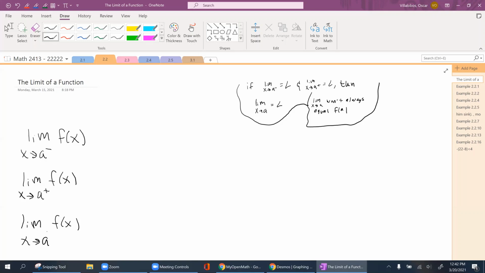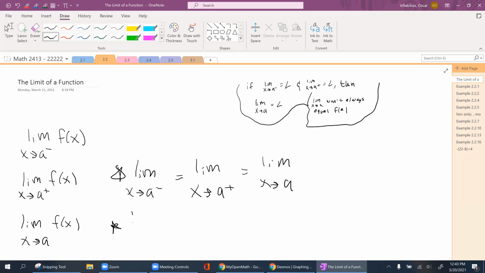One thing to remember is that if the limit as x approaches a from the left is equal to the limit as x approaches a from the right, then it is the same answer. If from the left it's an answer, and from the right it's the same answer, then as x approaches a from both sides it will be that same answer.